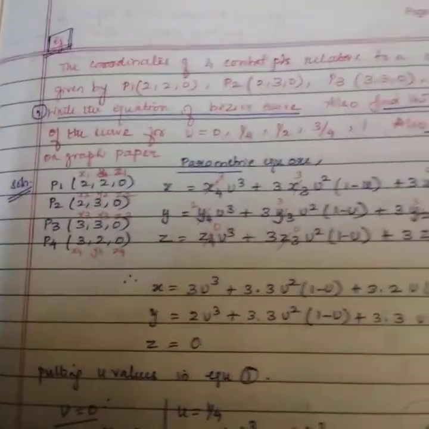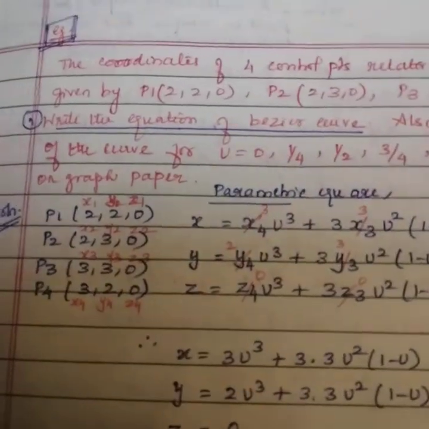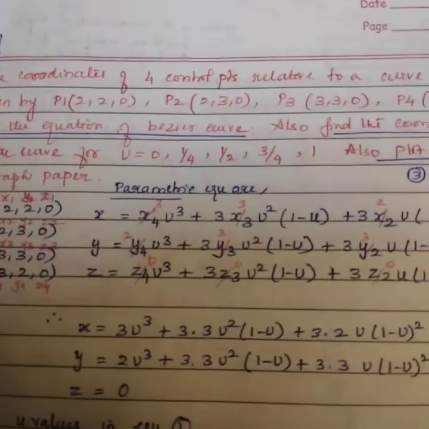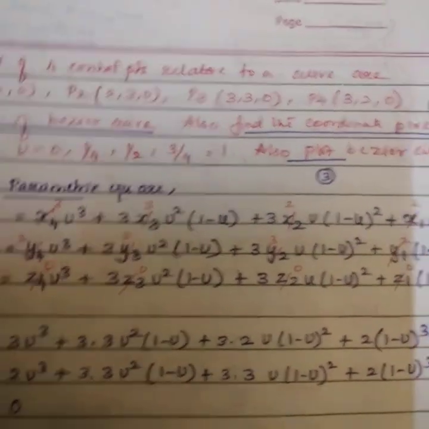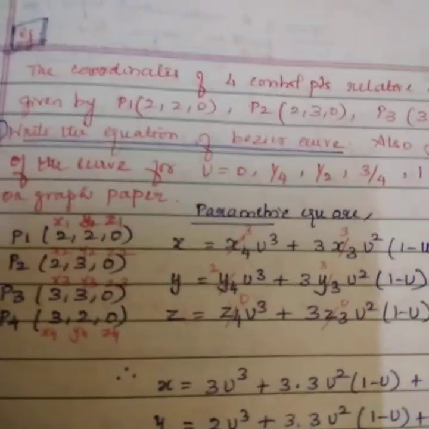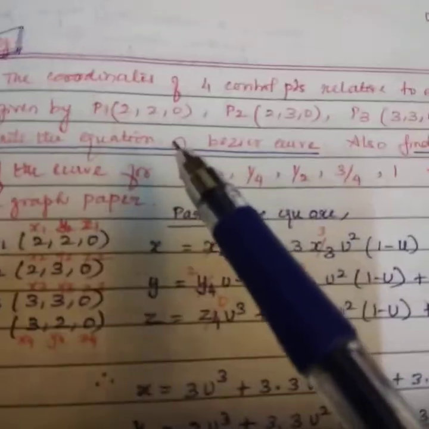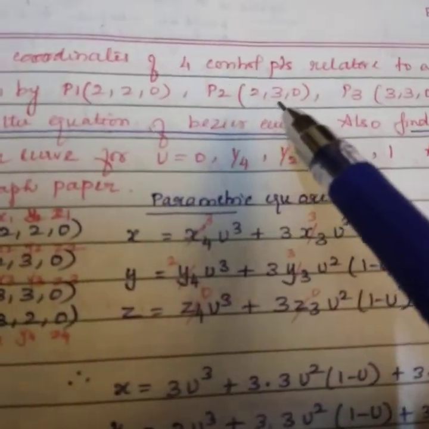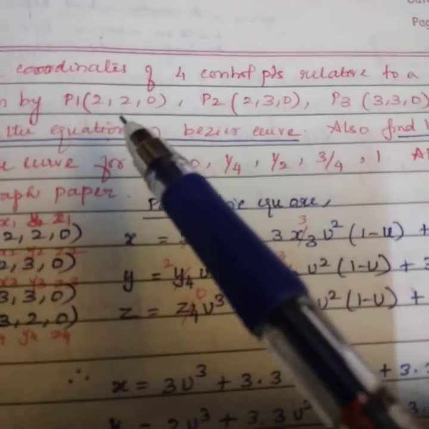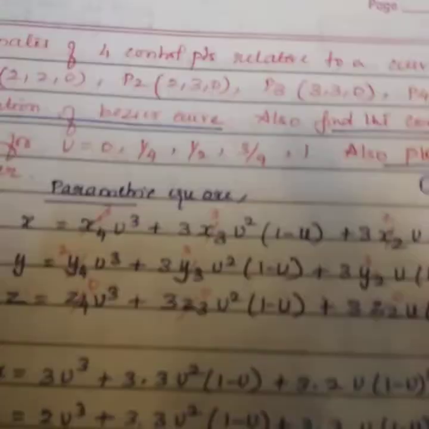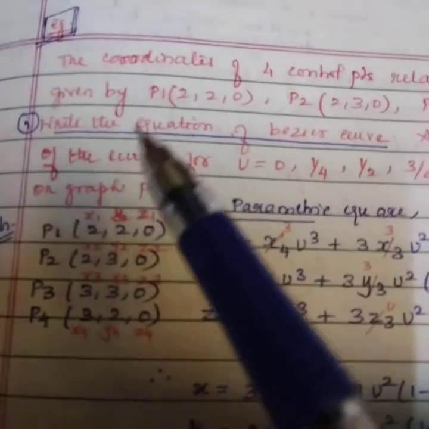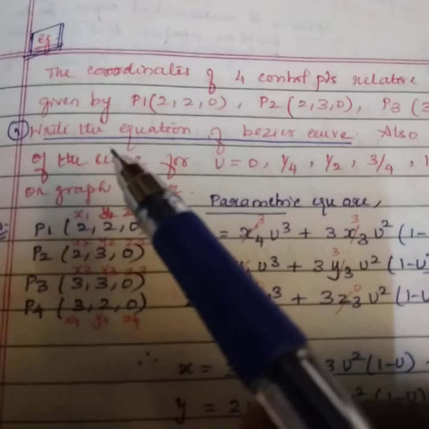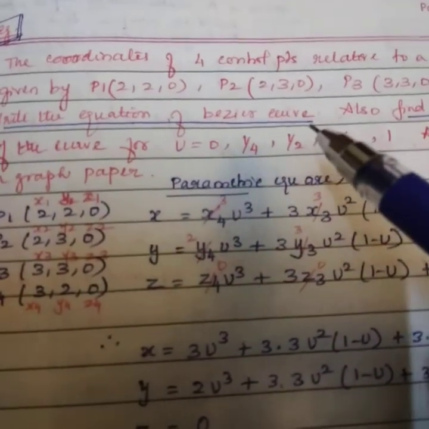The given problem is: the coordinates of 4 control points relative to the curve are given by 4 points, P1 (2, 2, 0), P2 (2, 3, 0), P3 (3, 3, 0) and P4 (3, 2, 0), as X, Y, Z. The question is, write the equation of the Bezier curve.